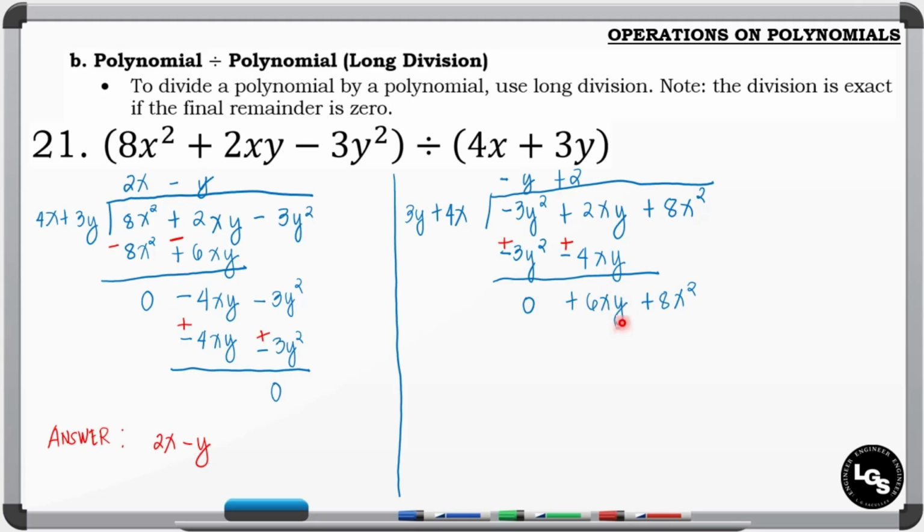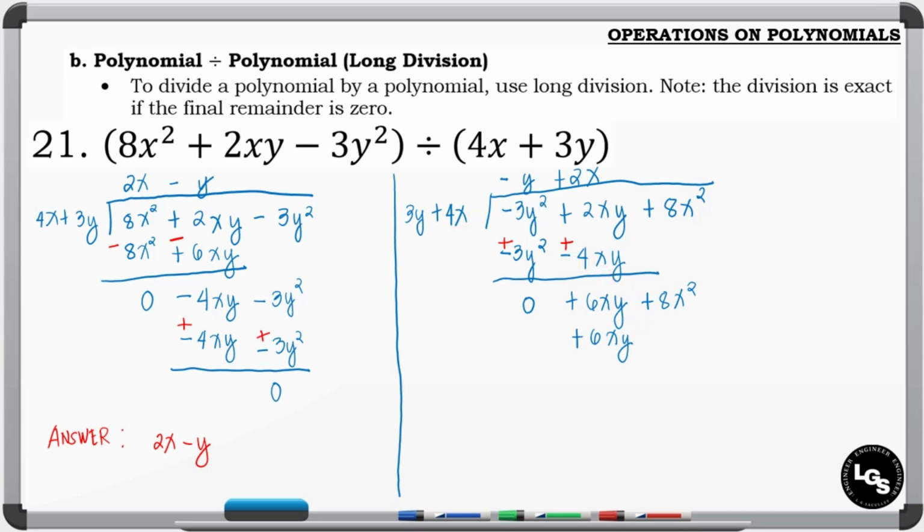Then xy divided by y. So the y variable will cancel out and we will be left with the x variable. Then we multiply 2x times 3y. So that is positive 6xy. Multiply again 2x times 4x.